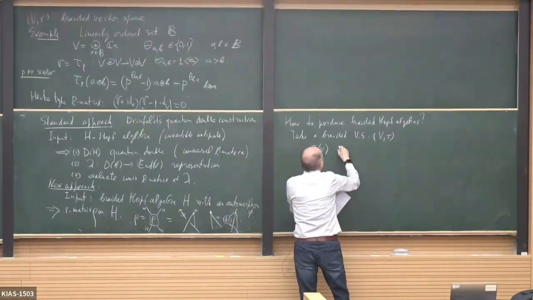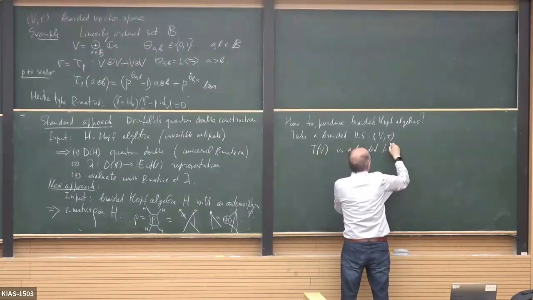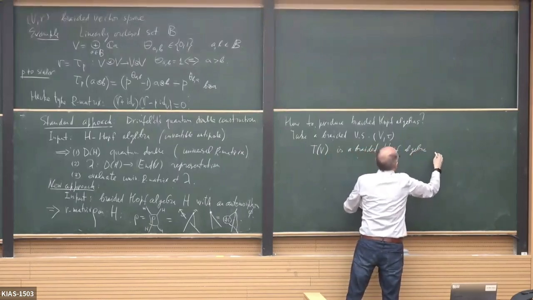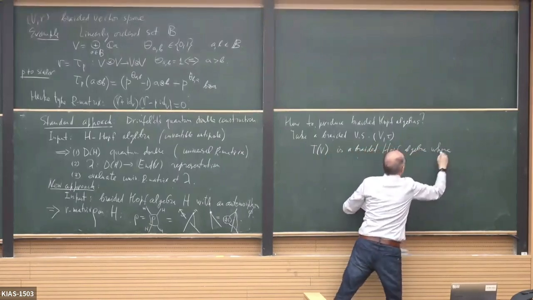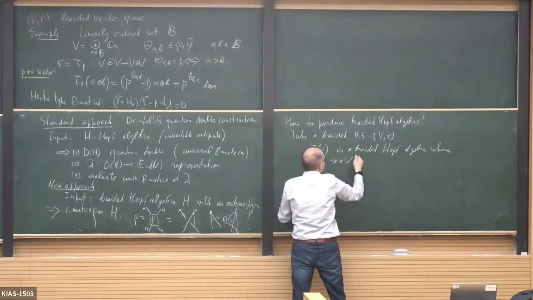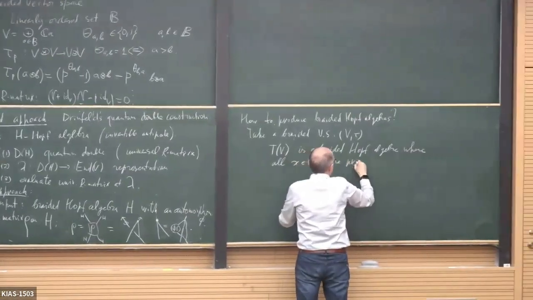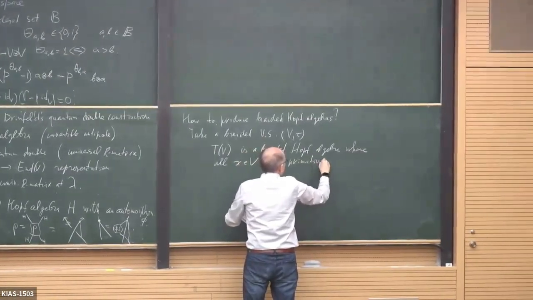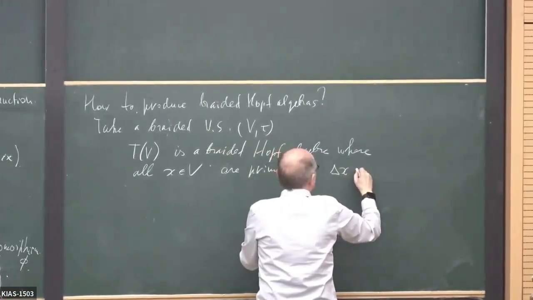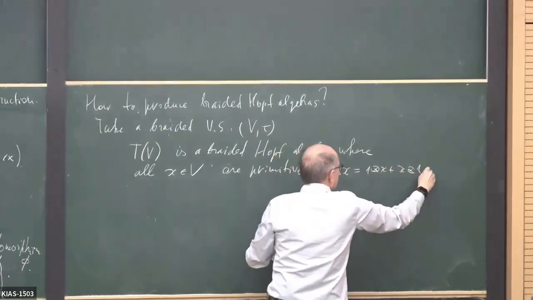Then it is a braided Hopf algebra where all x in V are primitive. Primitive means that the coproduct of x is 1 tensor x plus x tensor 1.